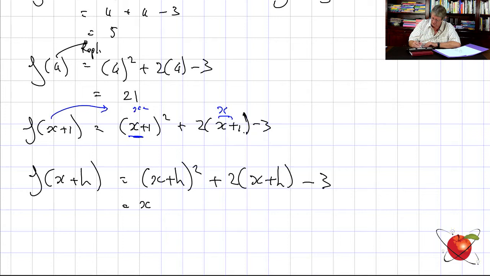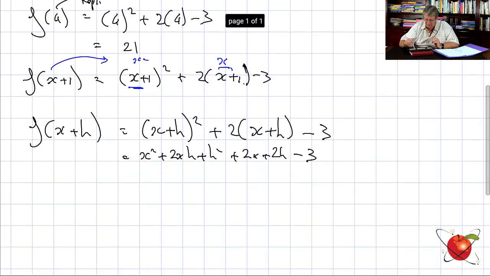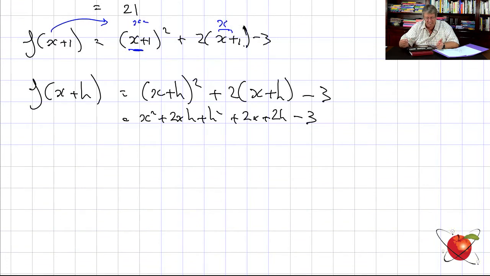The first one is x squared plus 2xh plus h squared plus 2x plus 2h minus 3. And maybe I can simplify that as well. So we've just recapped some of the ways that we're going to be substituting in for the x. Wherever I see an x, I replace it with what's in that bracket.